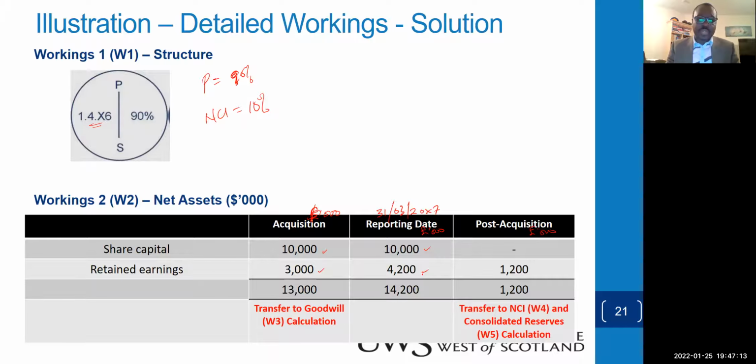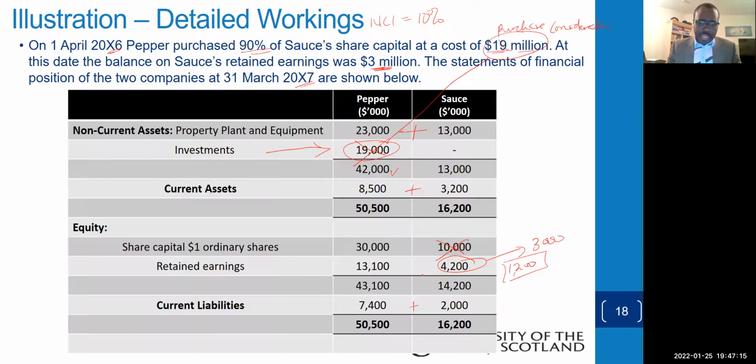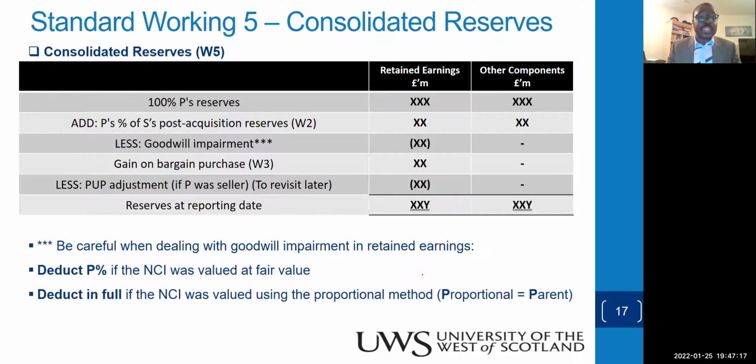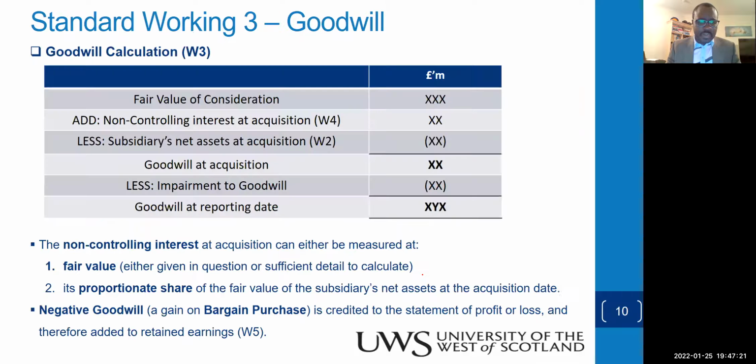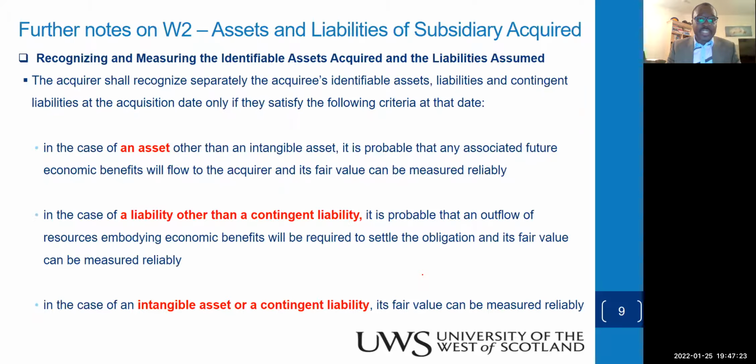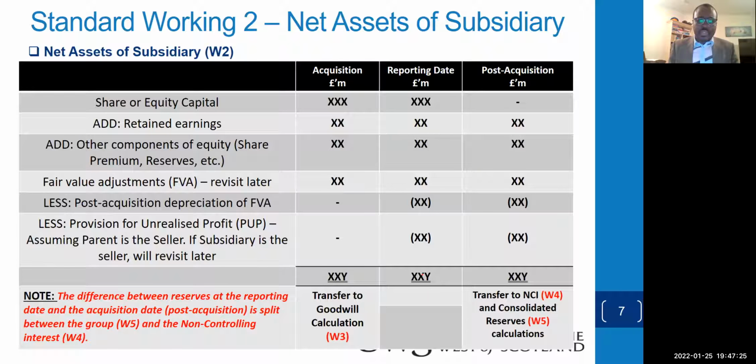Let me take you a step back to the detailed pro forma. Assuming we had all those elements, we would have kept all of them within this particular item. The share capital, we treated it, and we have the retained earnings. We don't have any other component of equity for the subsidiary. If there was a share premium or any reserves, such as revaluation reserves, which are part of other components of equity, we would have recognized that.